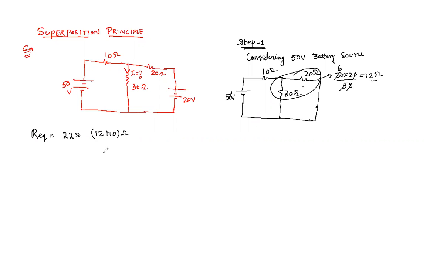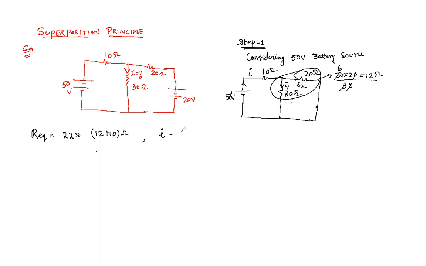Now, by using this, we can find the total current supplied by the battery. Let it be I. Here I want to make one thing very clear: in this circuit, the current passing through the 30 ohm is, let it be I1, and through this one is I2, which is going to be calculated by using the current divider rule.